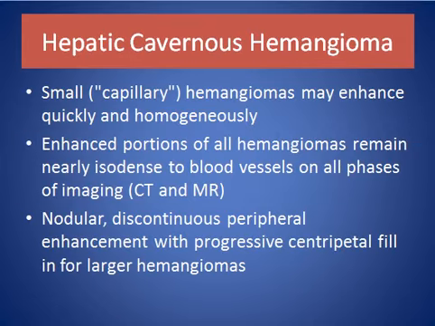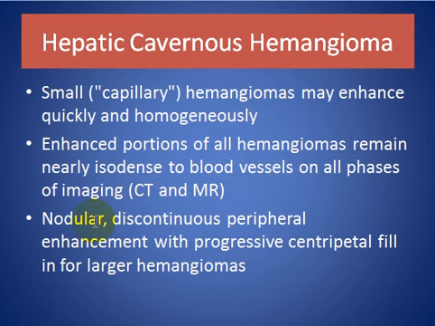Hepatic cavernous hemangioma. Small capillary hemangioma may enhance quickly and homogeneously if it is small, less than about 1 to 1.5 centimeter. Enhanced portion of all hemangioma remain nearly isodense to the blood vessel on all phases of imaging, CT and MRI, and this is very important.